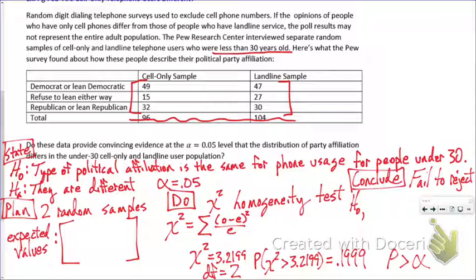So ask yourself, does this give us evidence that they differ, or does it not give us evidence? If we're failing to reject H0, that means evidence does not suggest they differ.